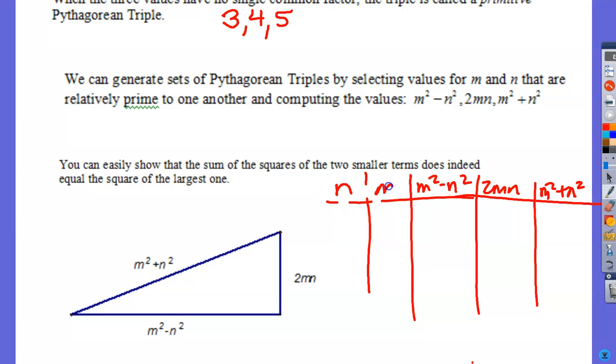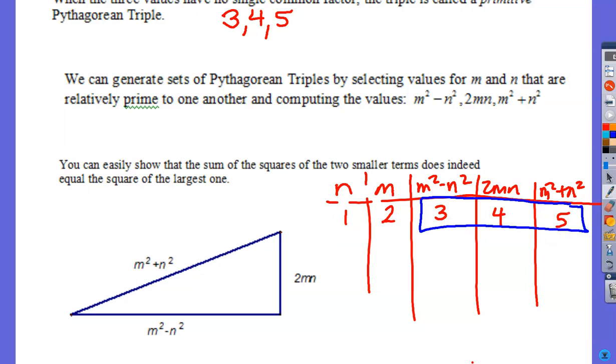So I'm actually going to go n, m, so 1 and 2, that way this comes out positive. So 2 squared is 4, minus 1 squared would give me 3. So there's one of my sides. Then 2 times n times m, 2 times 1 times 2 is 4, and then m squared plus n squared would be 4 plus 1, 5. So there's your triple. Two legs are 3 and 4, hypotenuse is 5.